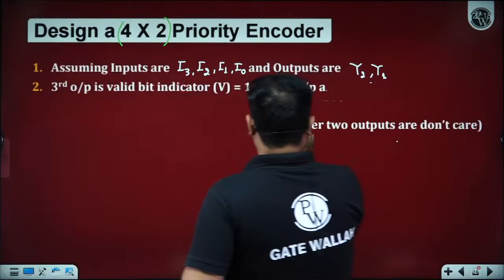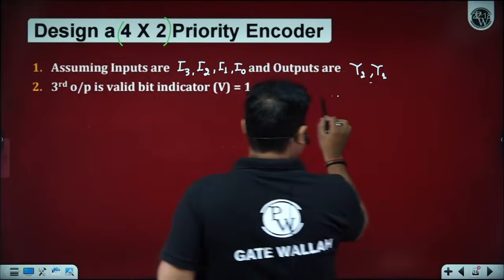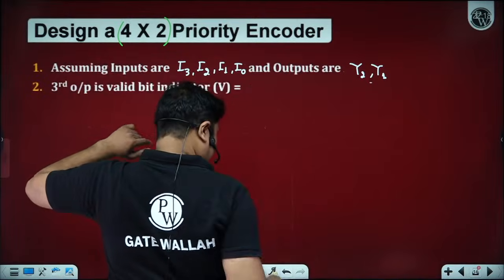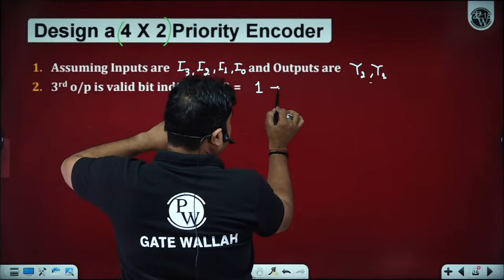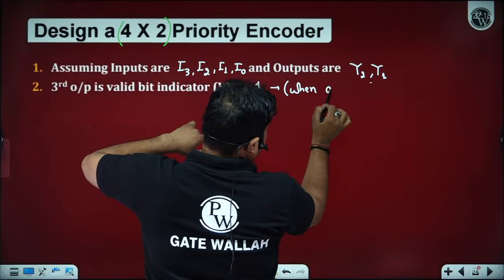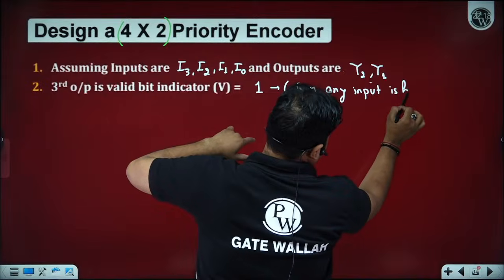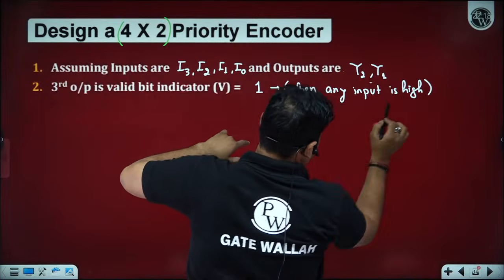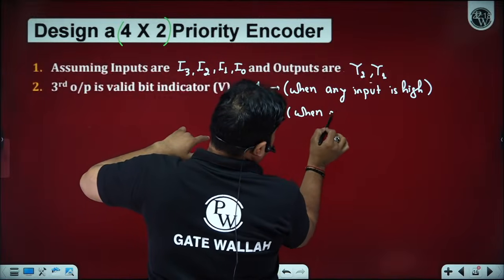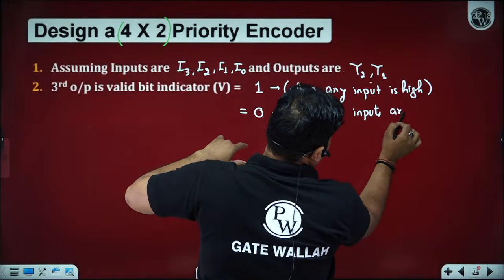Valid output indicator V is equal to 1 when any input is high, and 0 when all inputs are low.